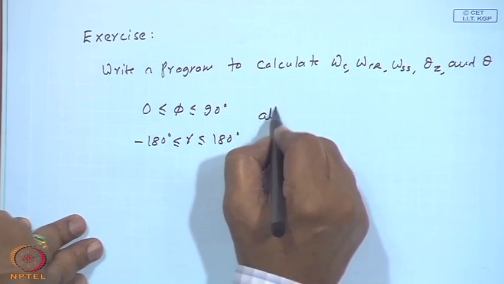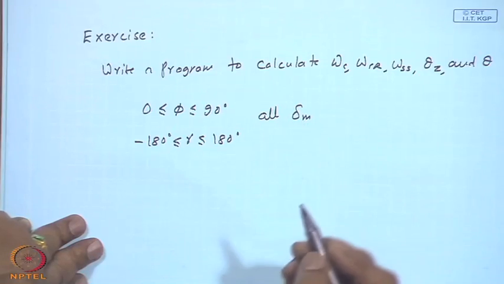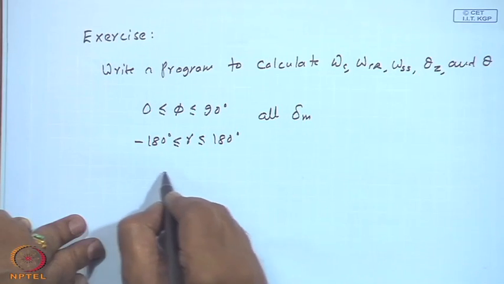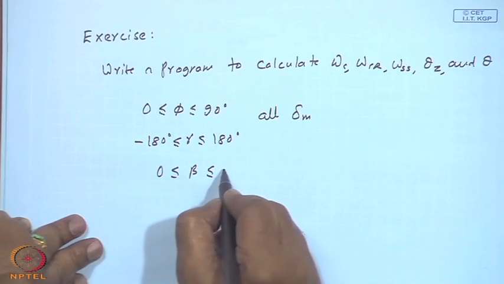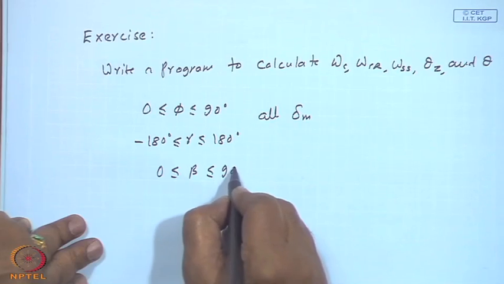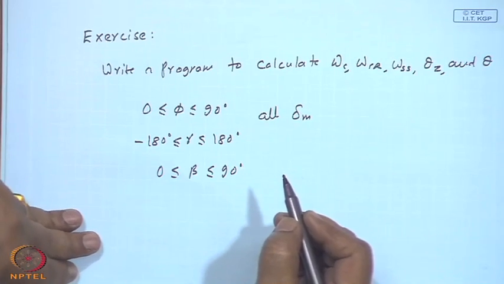You can take all 12 months of delta m, then 0 less than or equal to beta less than or equal to 90 degrees. Okay.